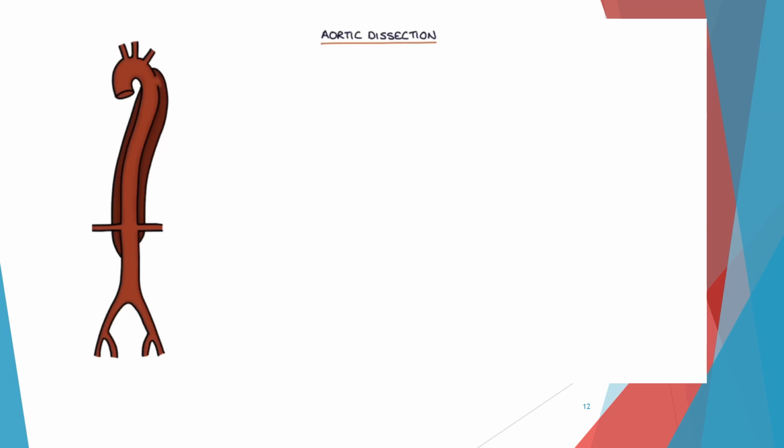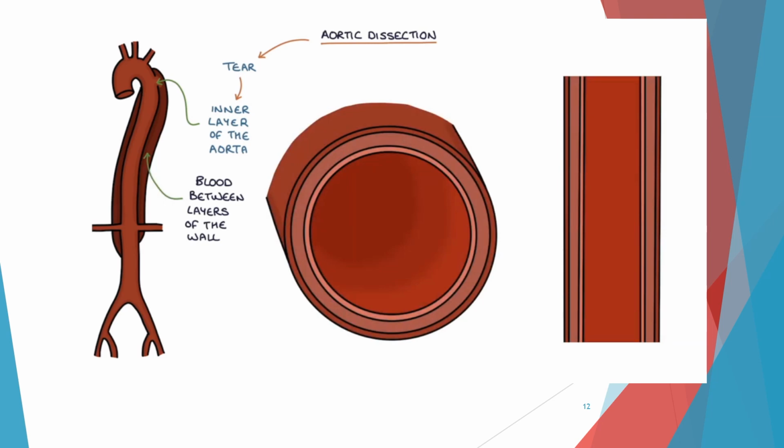Aortic dissection refers to when a break or a tear forms on the inner layer of the aorta, allowing blood to flow between the layers of the wall of the aorta. There are 3 layers to the wall of the aorta: the intima, media, and adventitia layer.